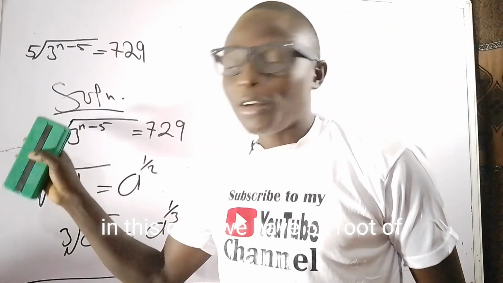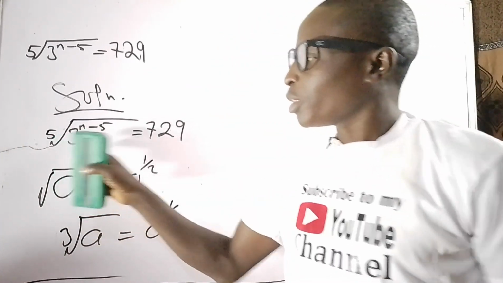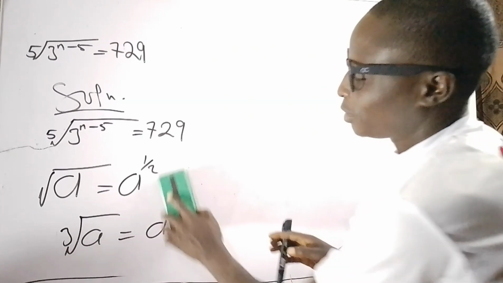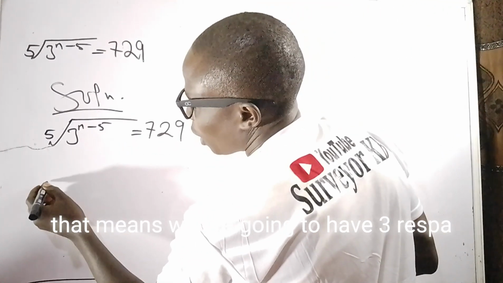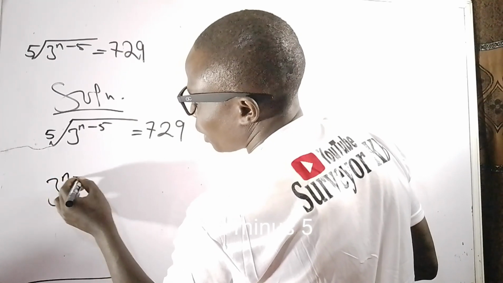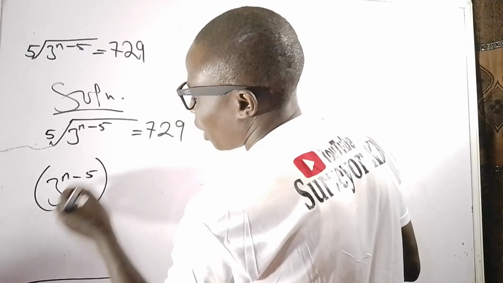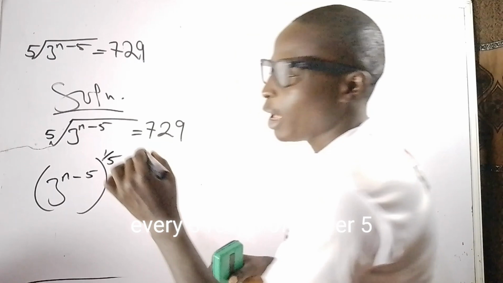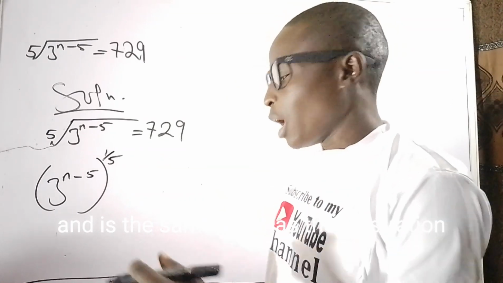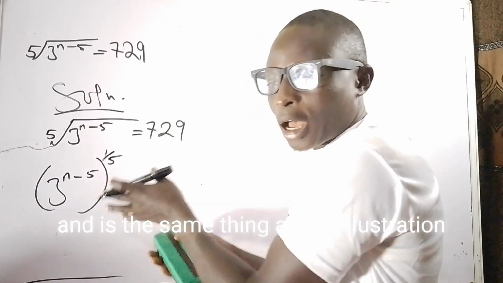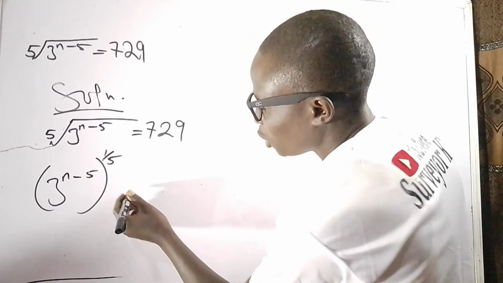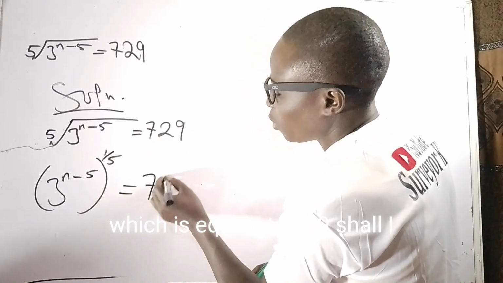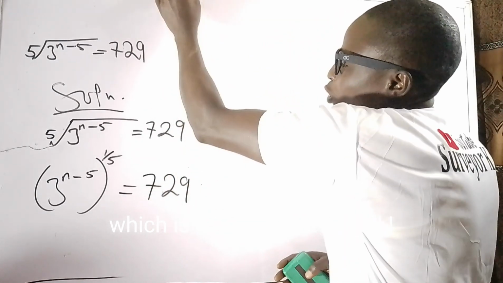In this case, we have the fifth root, so we are going to have 3 raised to the power of n minus 5, all raised to the power of 1 over 5, which equals 729.